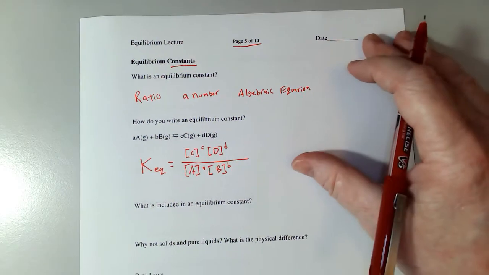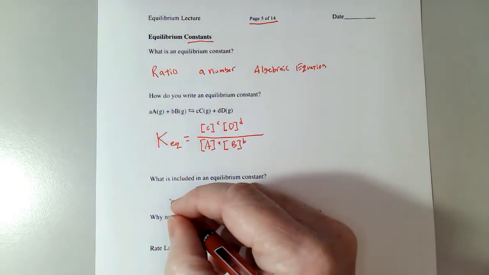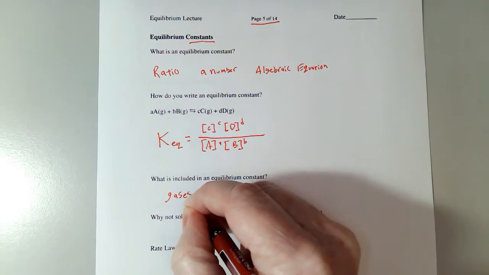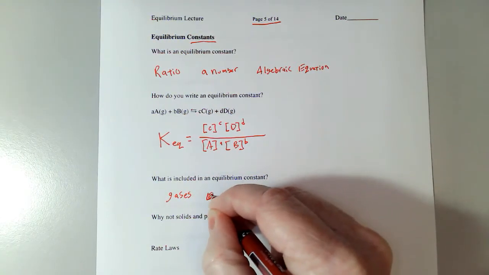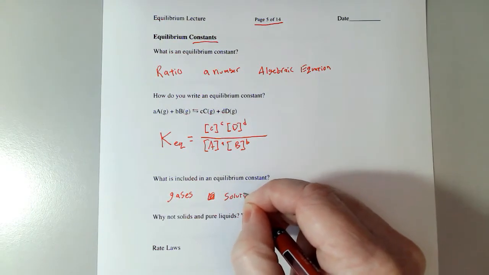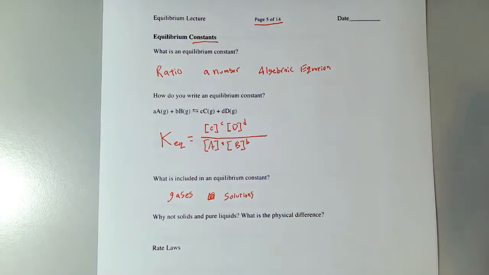These are concentrations. Now, because these are based on concentrations that change, we actually only include gases and solutions. Dilute aqueous solutions is the term that we use here. We will not put in solids and liquids, okay?